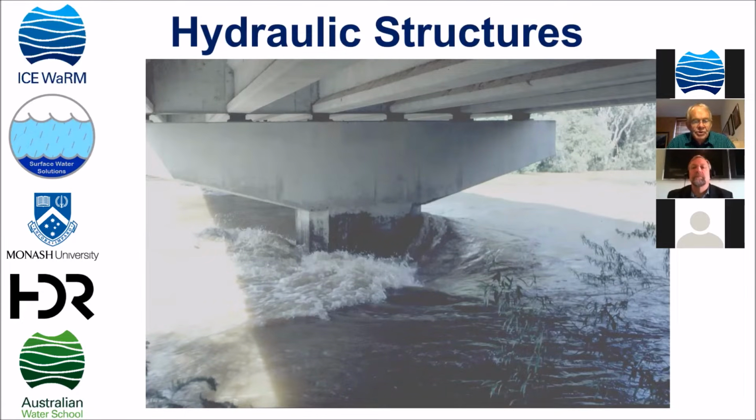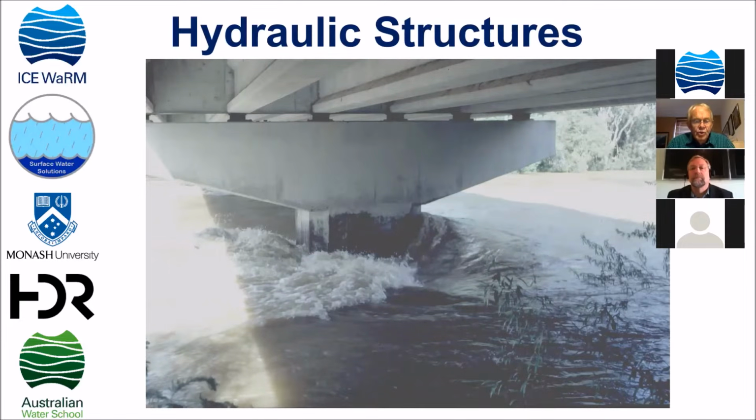And HEC-RAS 1D has well validated modules built in for bridge scour, for abutment scour, and for constriction scour at bridge sites. And the complex shape that we see here for flow around the pier, where you've got the classic sort of drawdown around the front of the pier, the flow is from right to left, and the pressure gradient that's driven down the nose of the pier to create horseshoe vortices and so on.